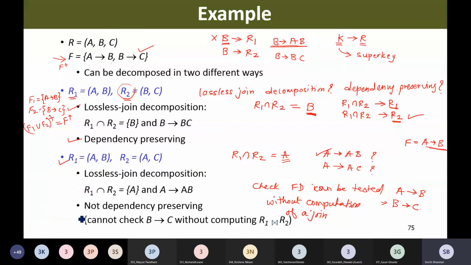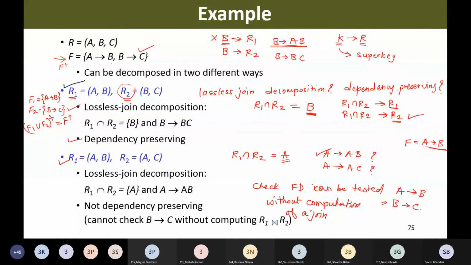So in these two cases, we should pick this particular solution. Is there any doubt? No, ma'am.